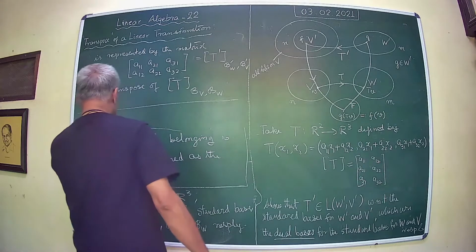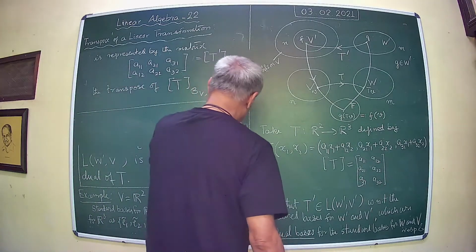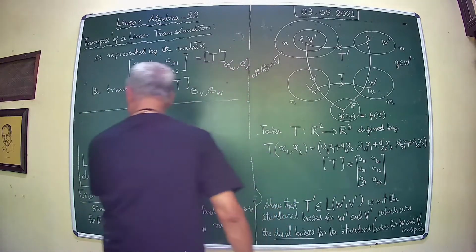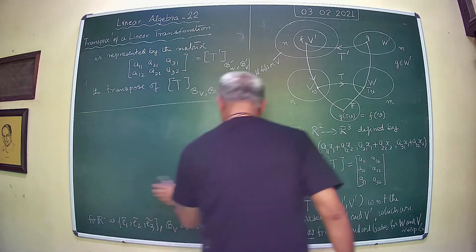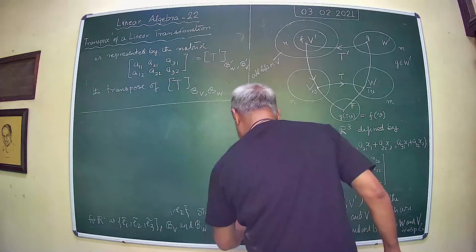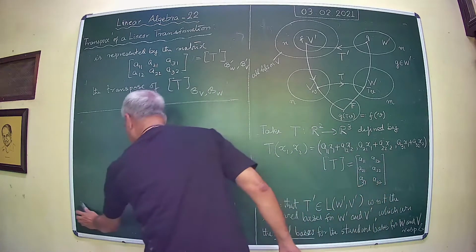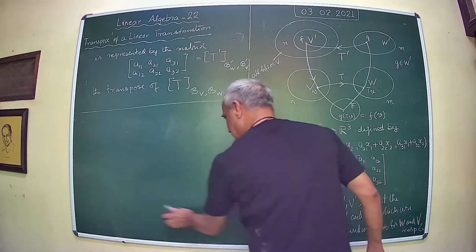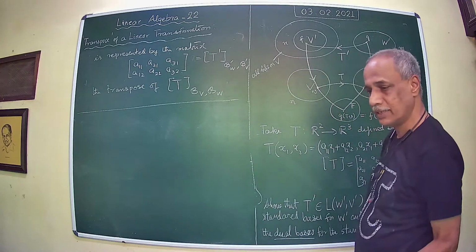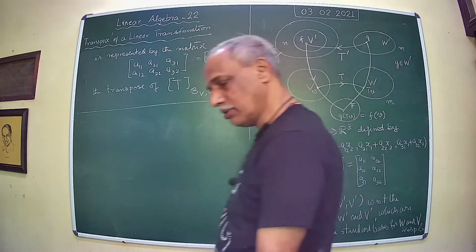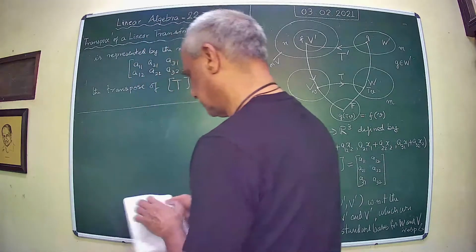So let us now formalize this in the general scenario. This is just observations that you make on the examples, and now you conjecture those observations into theorems and then try to prove it. Okay, let us investigate this.